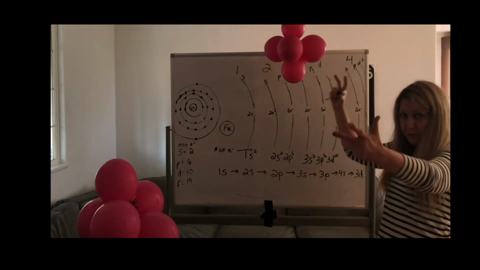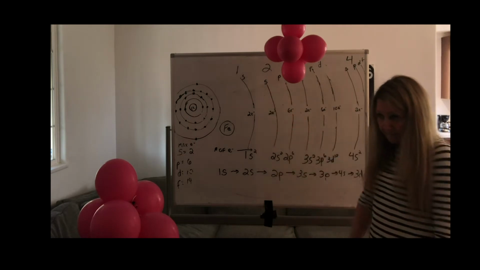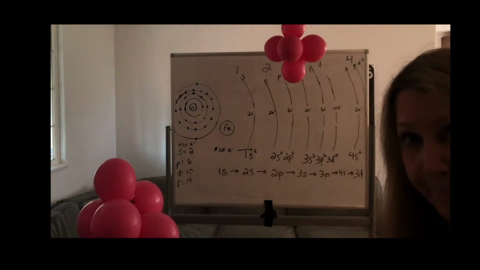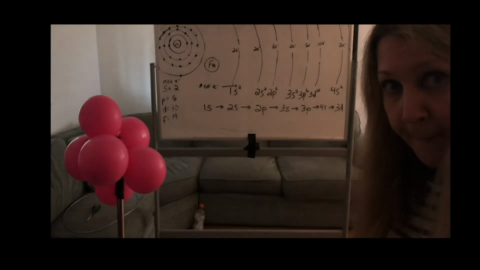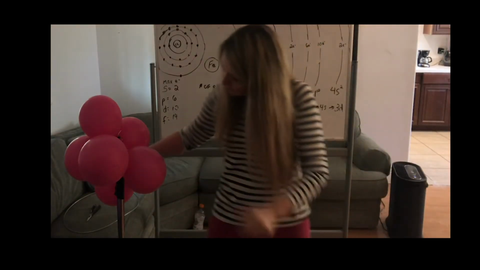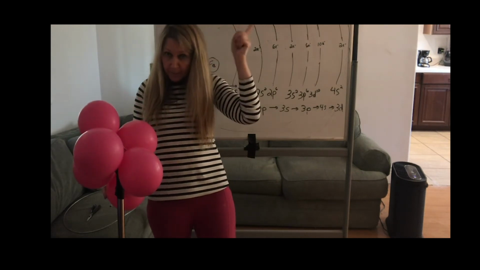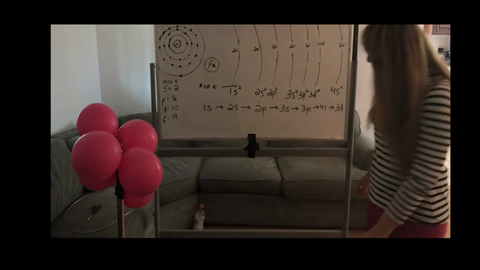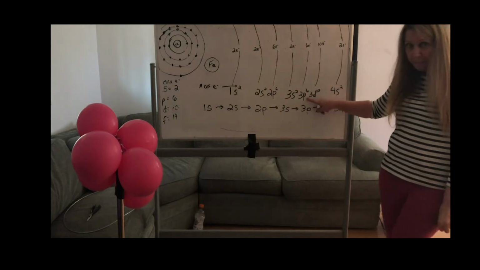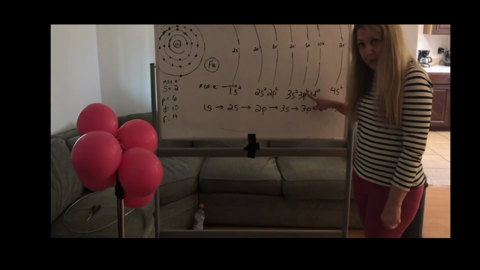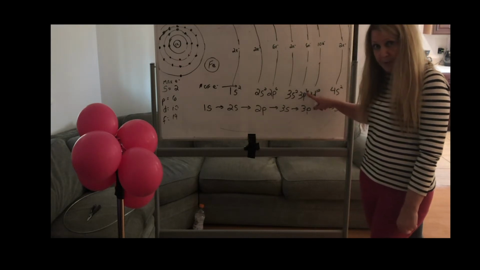Just a little larger version of it. Okay, like this one. Something like this then. This would go around 2p. So that would be 3p to the 6th, because it holds 6 electrons again.